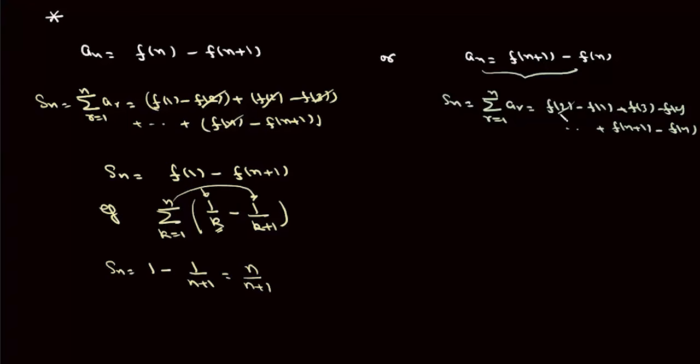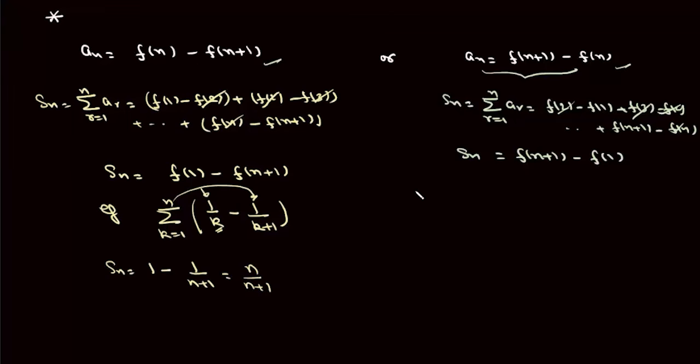Here, all these terms will cancel. We'll get Sn as fn plus 1 minus f1. So it depends whether it is fn minus fn plus 1 or fn plus 1 minus fn.